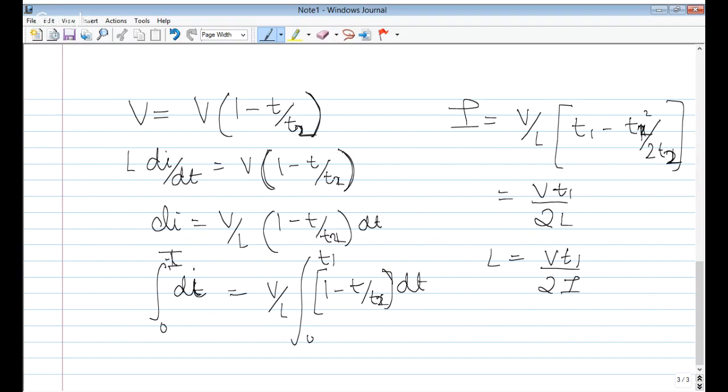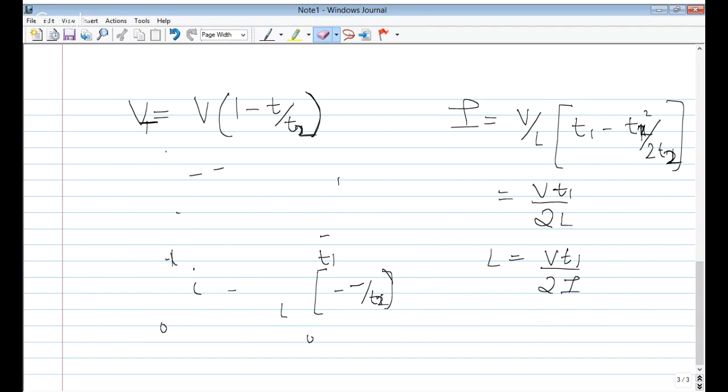So what I am assuming here is the entire voltage appears across the inductor. But this is the linear fall of voltage across the transistor. Oh, one minute. So this is basically transistor voltage, not the inductor voltage. So let me do it again.